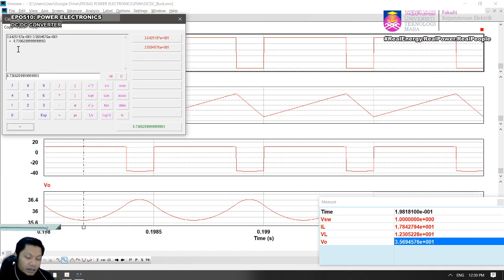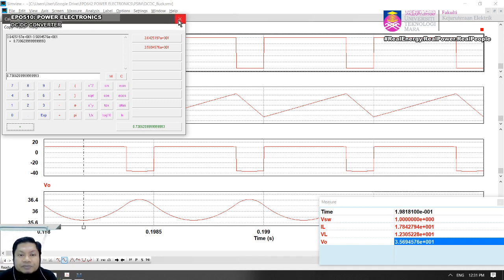So very close to the actual, which is 0.72, but in PCM of course there is some error, probably because the time step is not small enough, right? But it's acceptable, and it's acceptable if you have 0.73 volt.